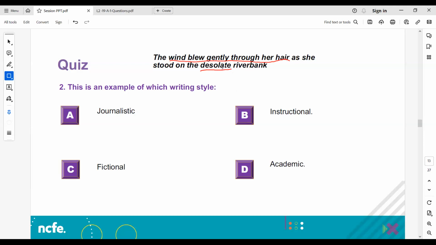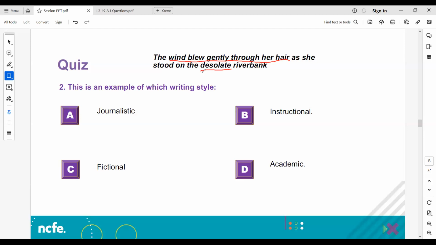using descriptive language. So desolate, do you know what that word means? The definition of that word, you might find it in a dictionary. It's bleak. Okay, it's bleak, it's barren, it's lonely.